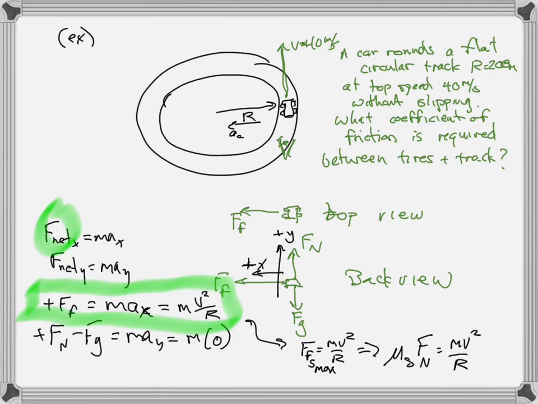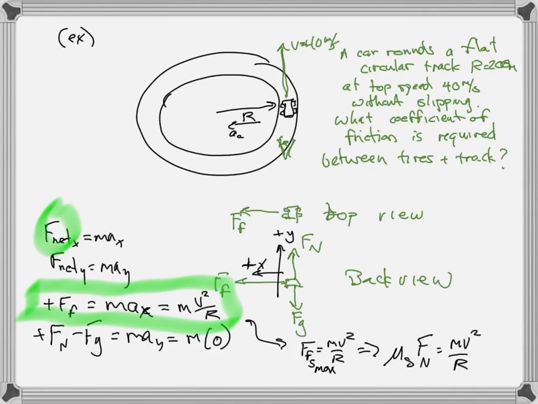And I asked the question, what is the coefficient of friction? Well, first of all, it's a static coefficient, but we can go ahead and solve for it. Mu sub s is equal to mv squared over r divided by Fn. But what's Fn? Well, we have a second equation, the y equation. In the y direction, we have Fn minus Fg equals 0.